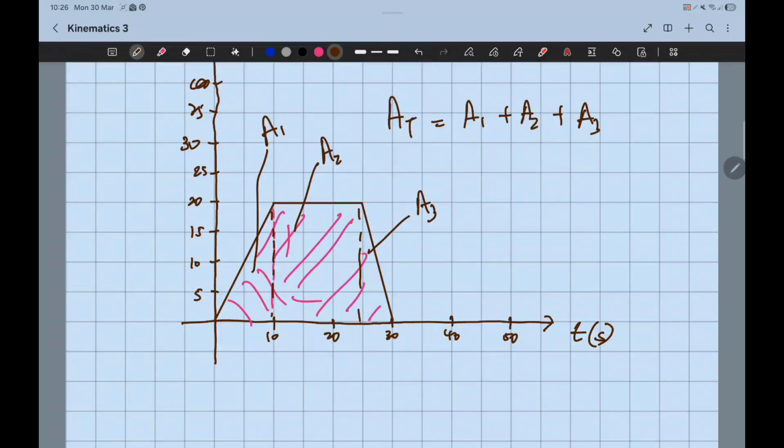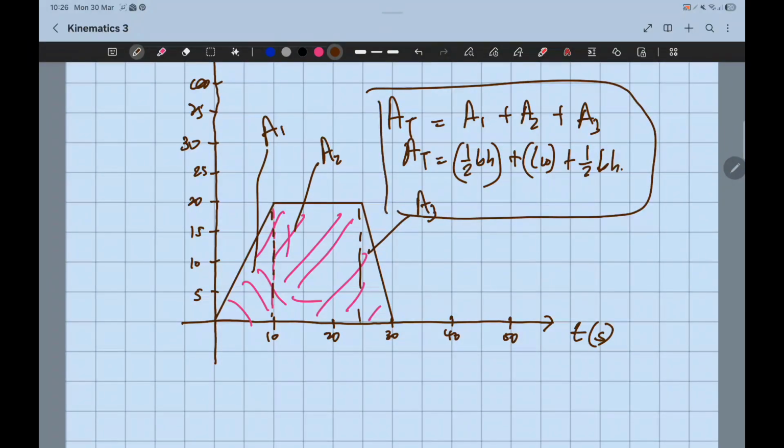That is for other questions on graphs to find distance. So AT is equal to your area of a triangle, half base times height, plus your rectangle, length times width, plus another triangle, half base times height.